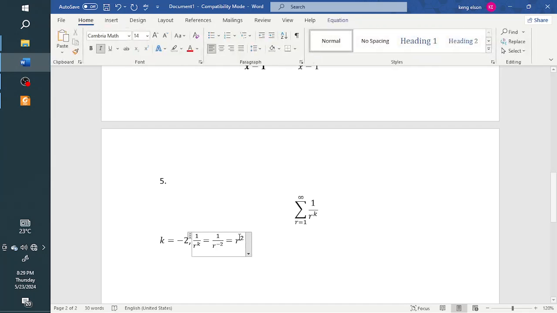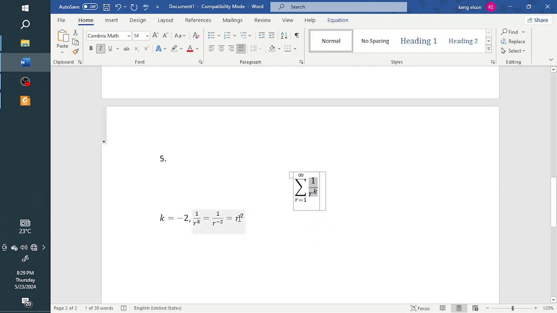So whenever k is any negative number, the general term will just be r to the power of the positive of that number. If k is -1, everything here becomes 1 over r to the -1, which is r to the power 1.